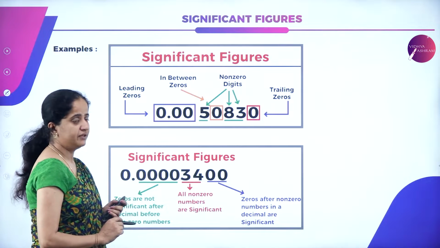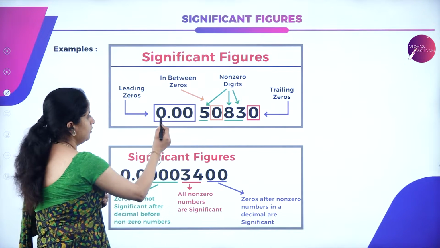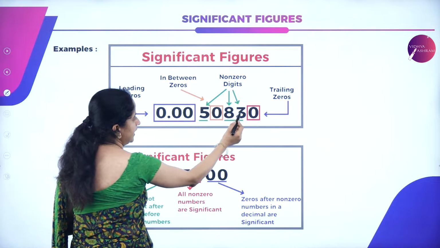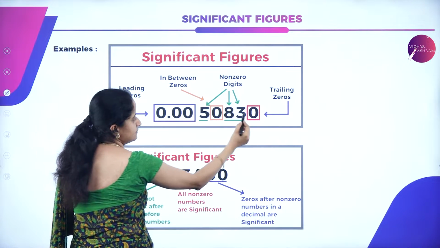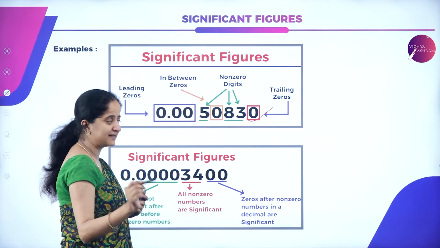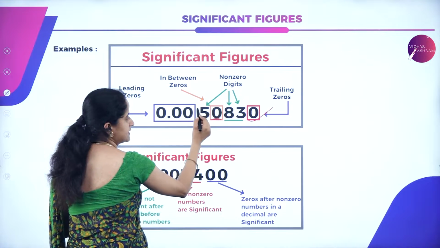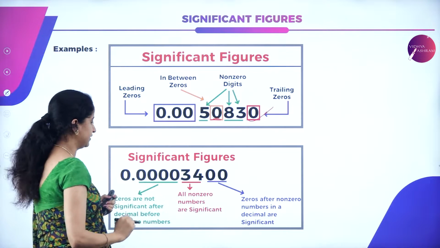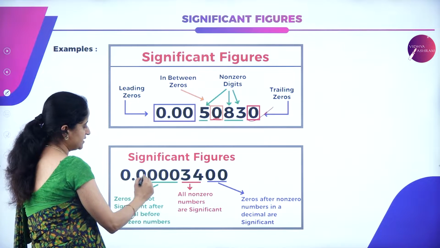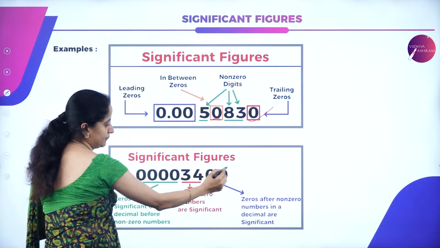So here we have 0.0050830. Here there is a decimal point. Since there is a decimal point, this 0 is considered as significant, and this 0 is present between two numbers, and this is also a significant figure. And next I have 0.00003400.